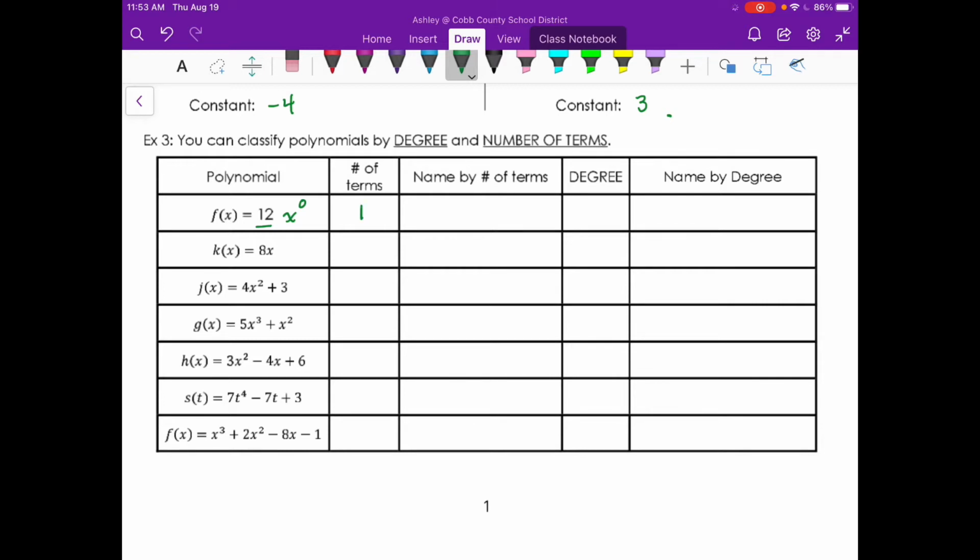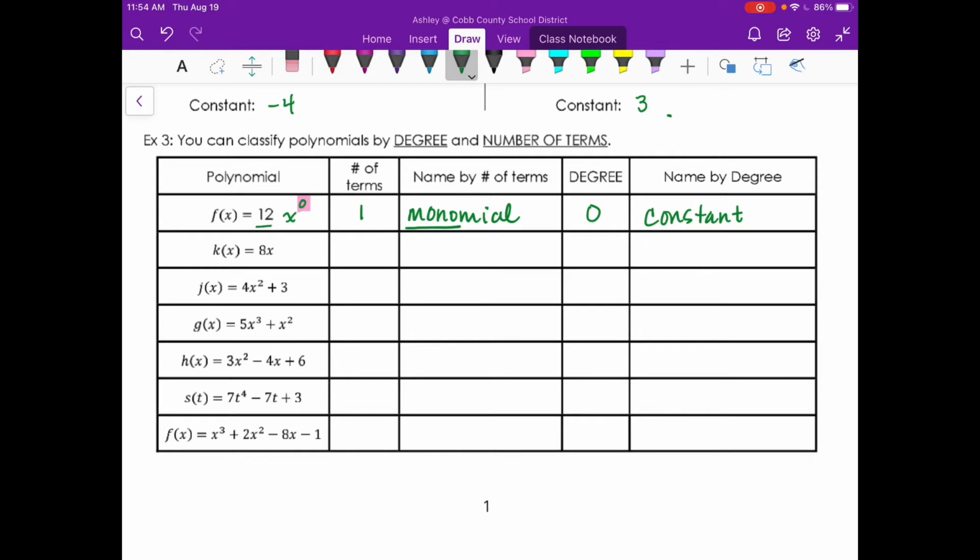And so we will name it a monomial. Mono meaning 1. The degree is our power, which is 0. And when we have a degree of 0, we call it a constant. We do not have a variable, just a number with no letters, okay?